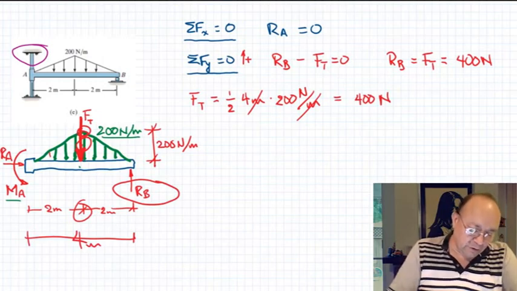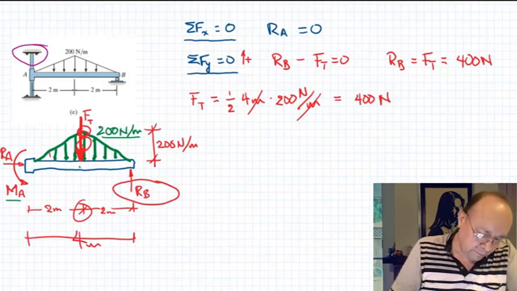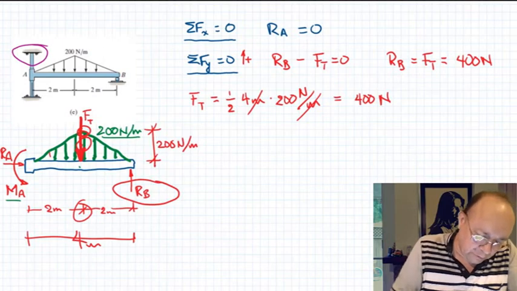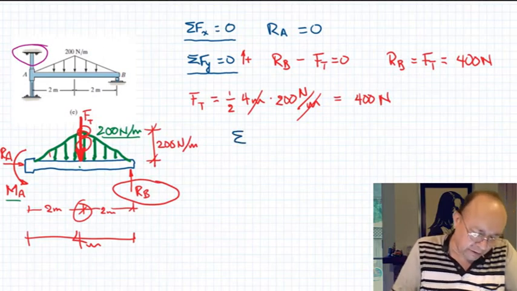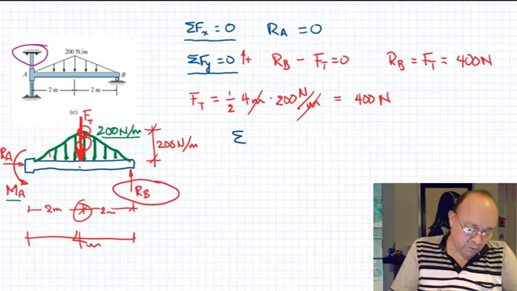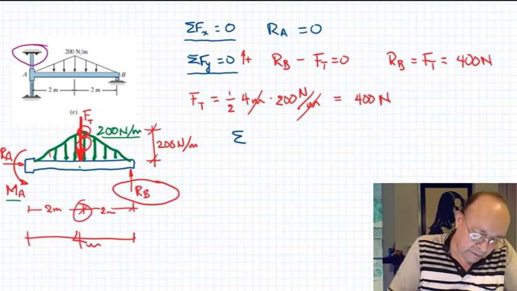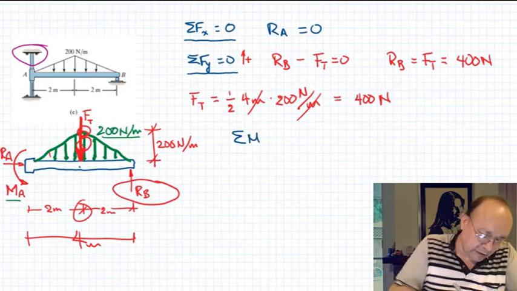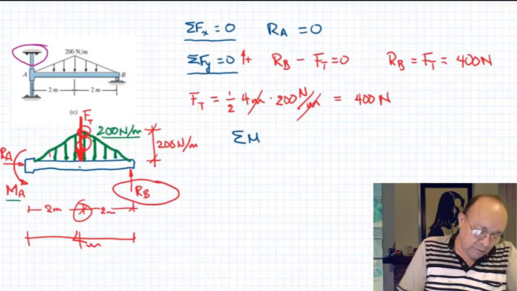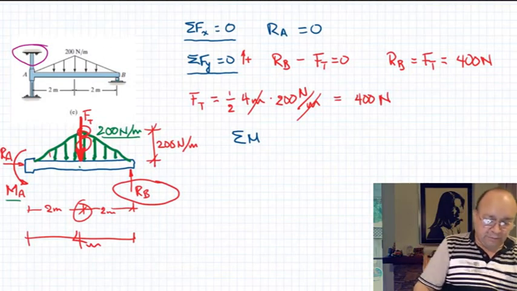And now summation of moments. This is actually a very simple problem, so summation of moments with respect to any point will be equally easy. So we have here summation of moments. Let's do moments about any point. Any point will be okay.